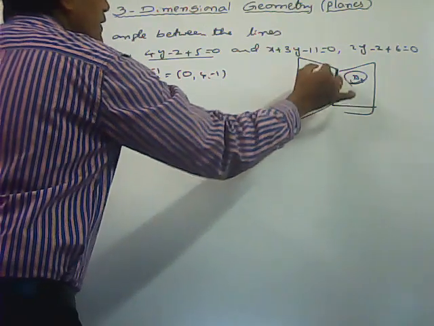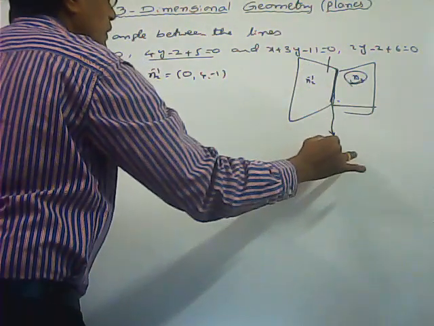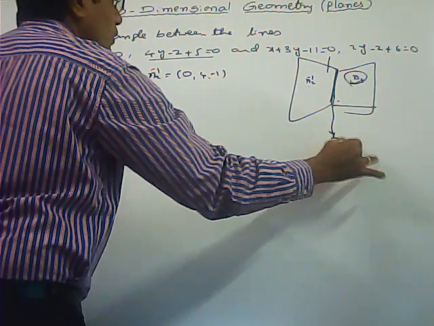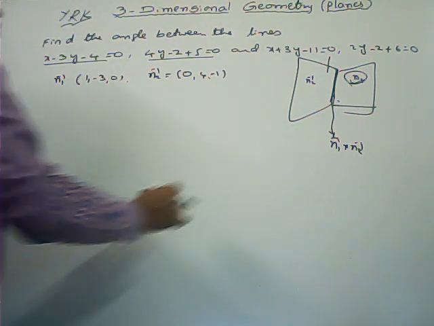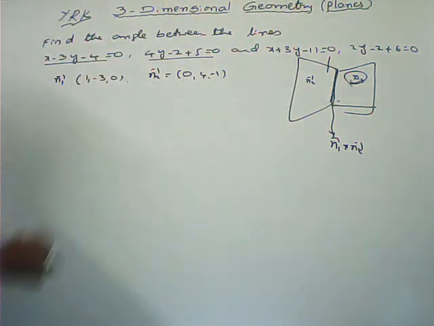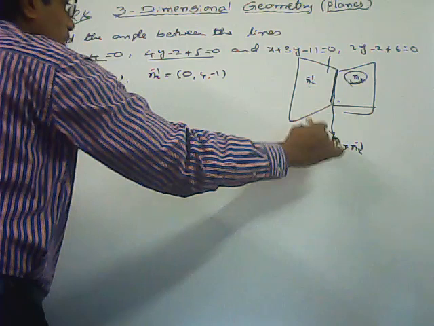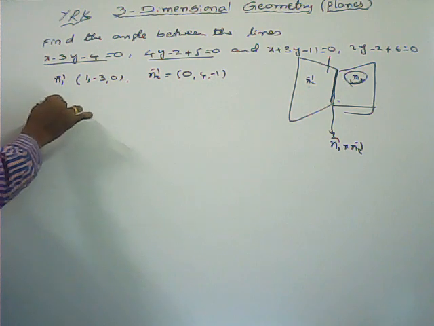It is parallel to n1 bar cross n2 bar. How do we find n1 bar cross n2 bar?